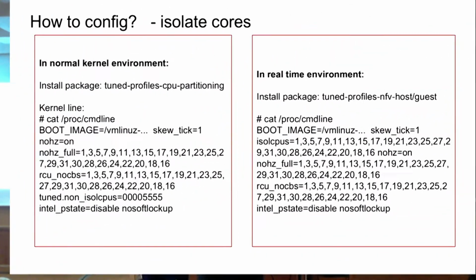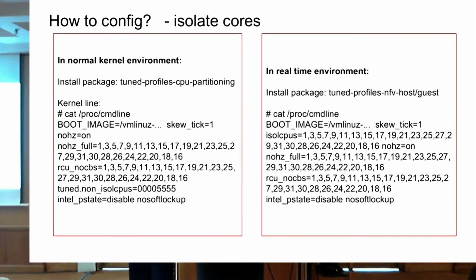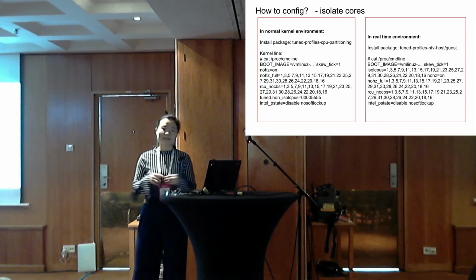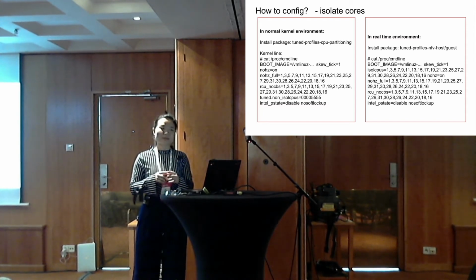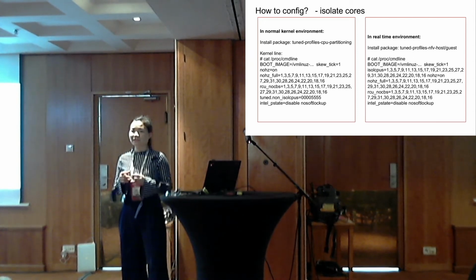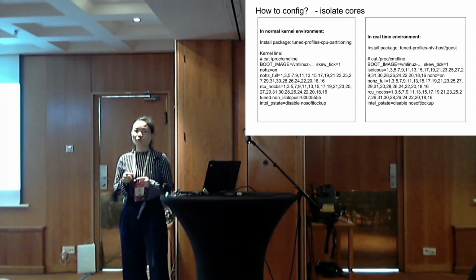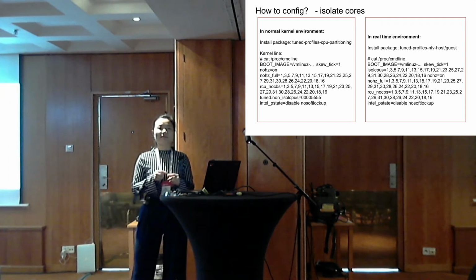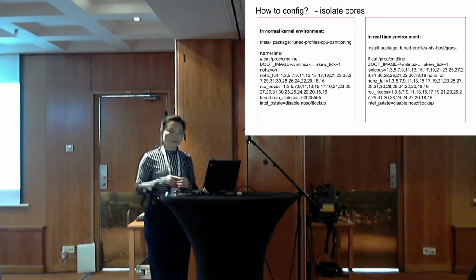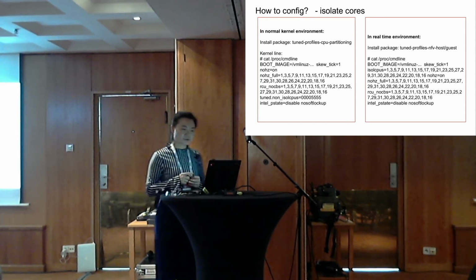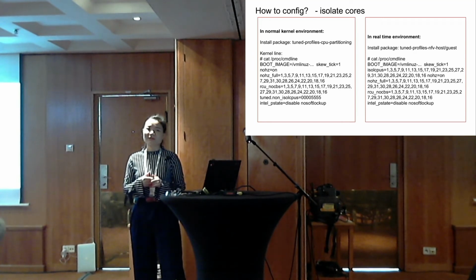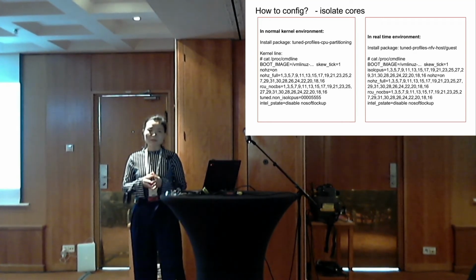These are the isolated cores. We isolate the cores by adding isolcpus to the kernel command line, and actually in our testing, we isolate the cores with tuned. In the non-real-time system, we isolate cores using cpu-partitioning. In real time, on the host we use tuned realtime-virtual-host, and in the guest we use tuned realtime-virtual-guest.